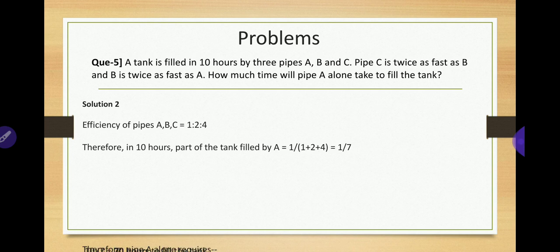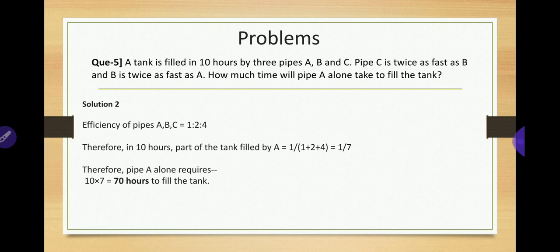So in 10 hours 1 upon 7 part will be filled, but now pipe A alone requires 10 into 7 hours, because the reciprocal of 1 upon 7 is 7, into 10, you will get 70 hours to fill the tank. This is the shortcut method. By using proportions you can find the value of time required by pipe A alone to fill the tank.